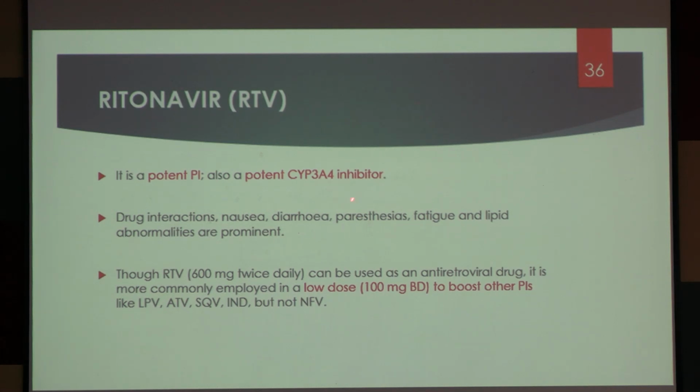Drug interactions, nausea, diarrhea, paresthesia, fatigue, lipid abnormalities are all prominent with the drug. We generally use 600 mg twice daily as an anti-retroviral therapy, but generally this drug is used in the boosted PI regimen, where other PIs are combined with the subtherapeutic dose of Ritonavir, 100 mg BD.